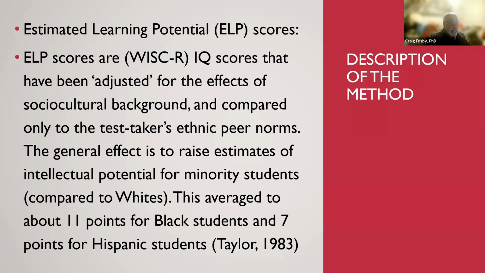So basically, in describing this particular method, the idea behind the SOMPA, and again, this was in the late 70s, early 80s, when the WISC-R was the main test that people were giving. The idea here is that you give a WISC-R test, but instead of using the score that you get from the test, you look at how that score falls in relation to the examinee's sociocultural group.